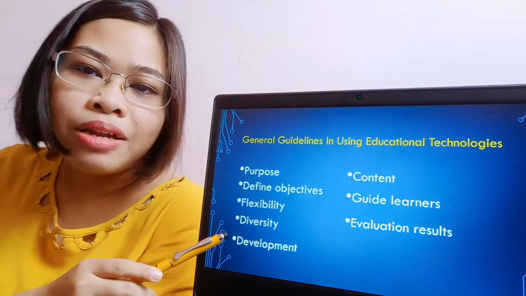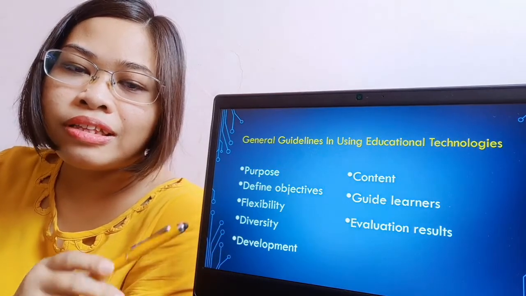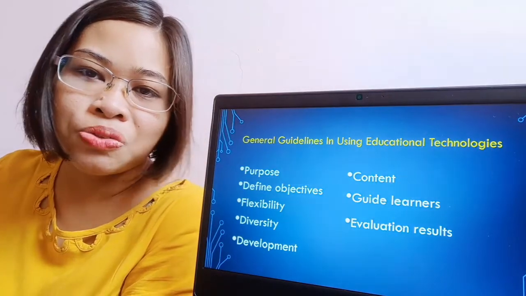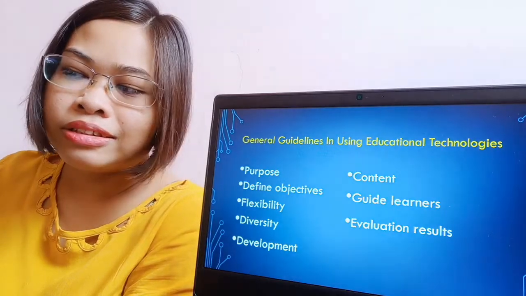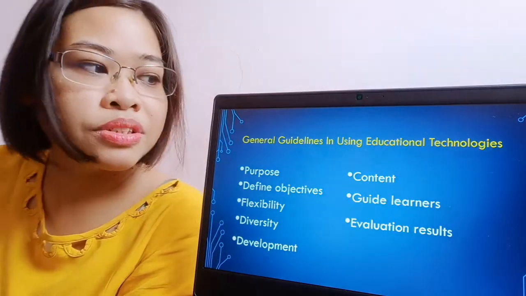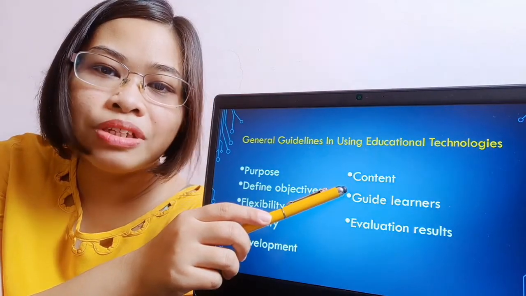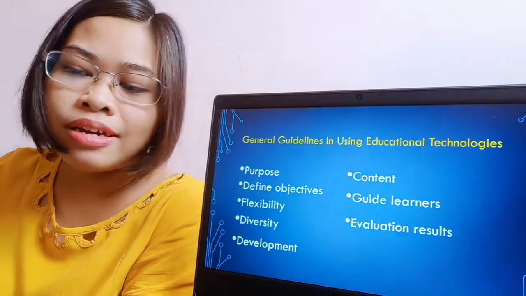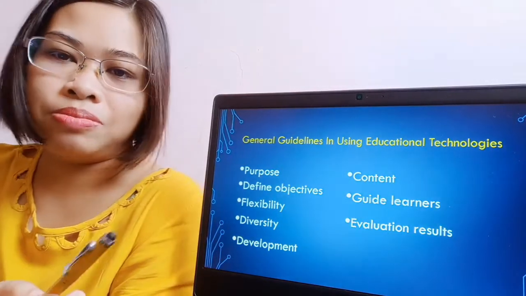When it comes to development, you have to consider that instructional aids must be related to the age, maturity, ability, and interest of the students. For the content, you must know the content of the instructional materials to determine how to use them and how to make the best of them.